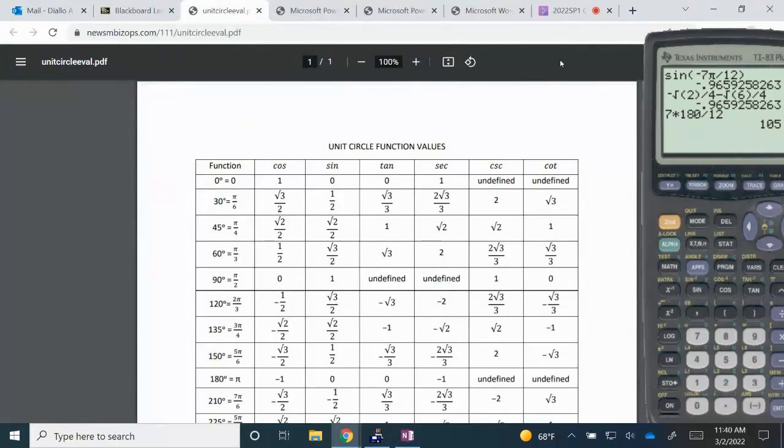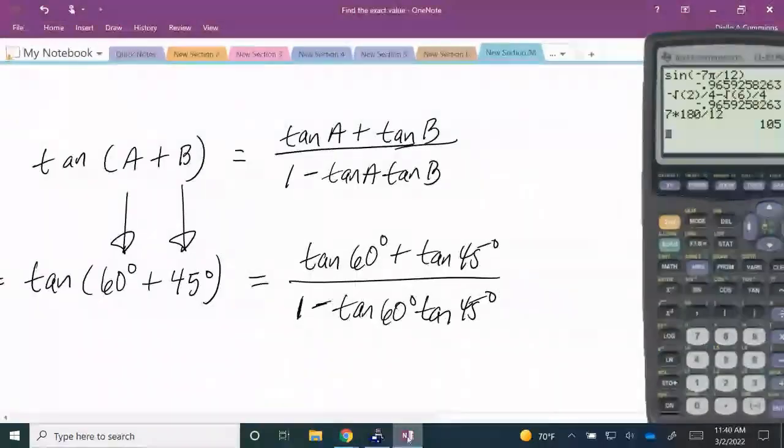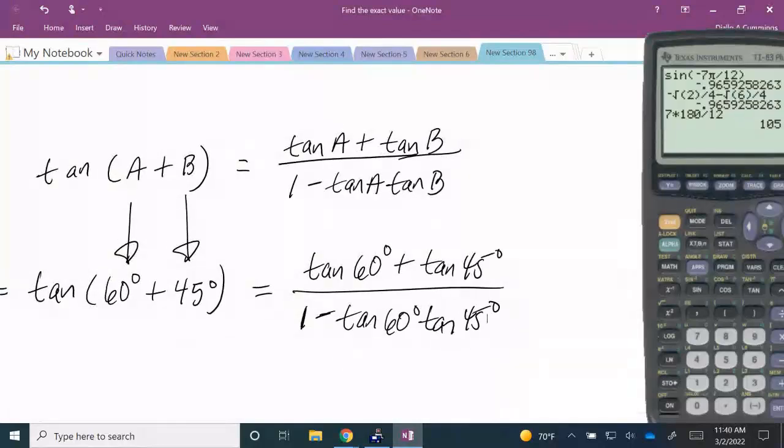All right, so if we look at 60 degrees, which is here, the tangent for 60 degrees is square root of 3. If we look at 45 degrees, the tangent is 1. So I'm going to just replace those values in our problem.